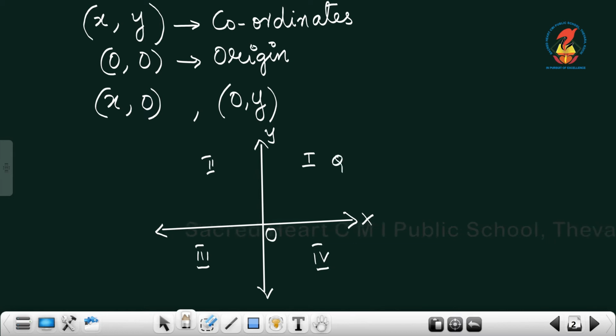Each part is known as a quadrant. So what is meant by a quadrant? When two perpendicular lines divide a plane, it divides into four parts. Each part is known as a quadrant. How many such quadrants are there? 4 quadrants. Which are the 4 quadrants? First quadrant here, second quadrant, third quadrant and fourth quadrant.